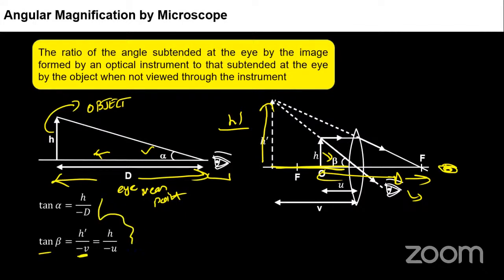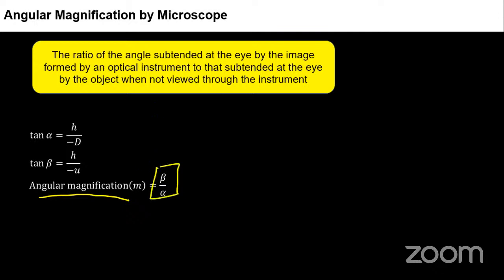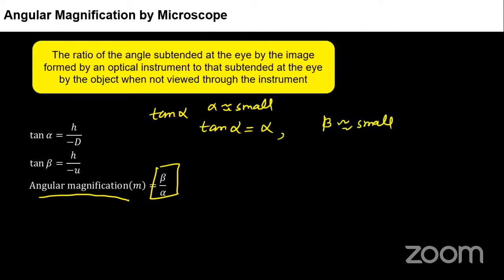Now we'll define angular magnification. Angular magnification, students, is defined as beta upon alpha. Since alpha is very small, I can approximate tan alpha as alpha. If beta is very small, I can approximate tan beta as approximately beta.